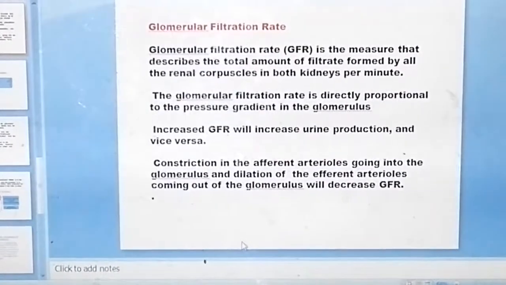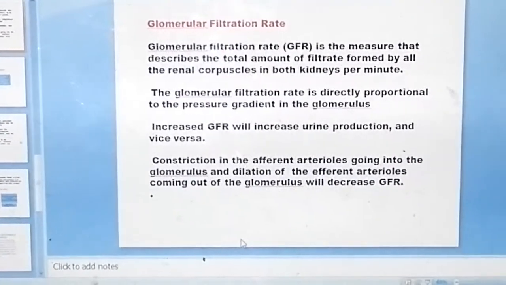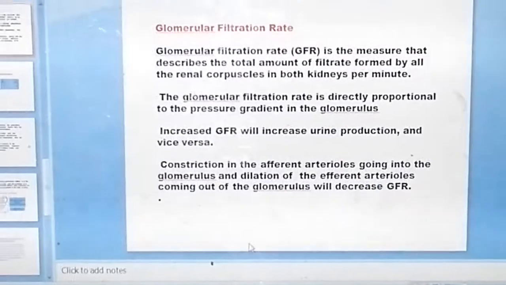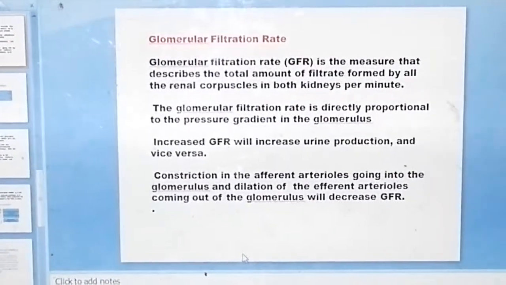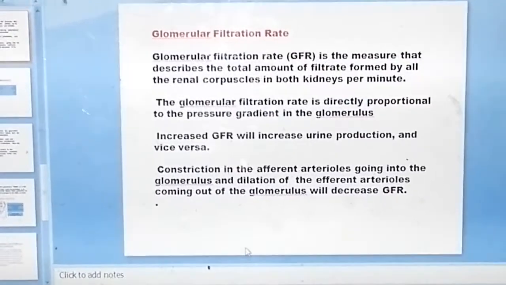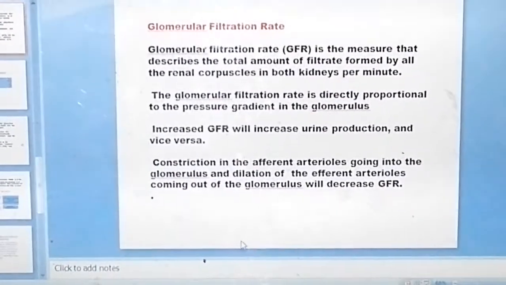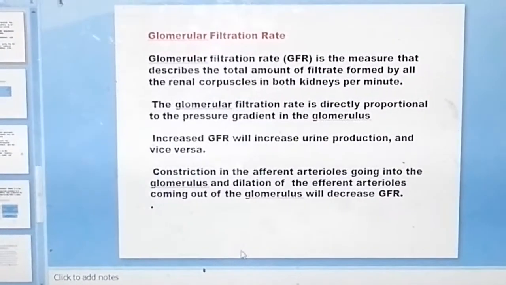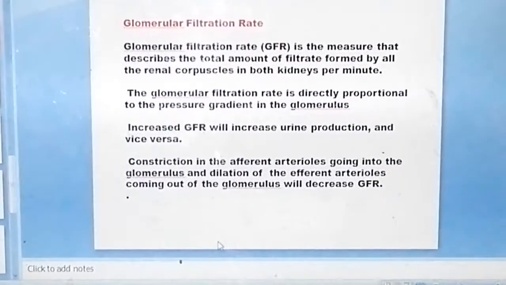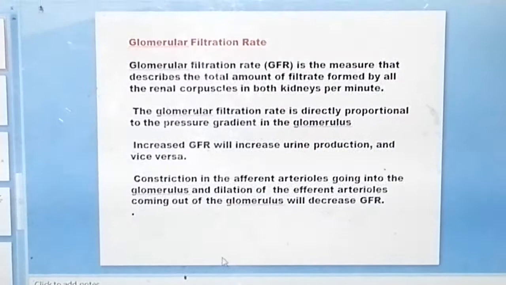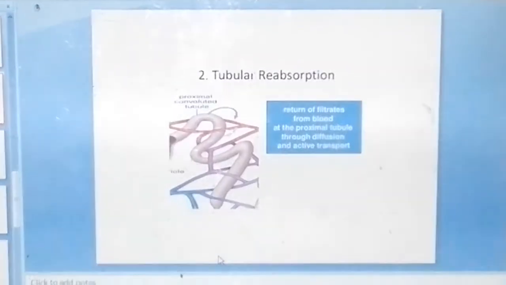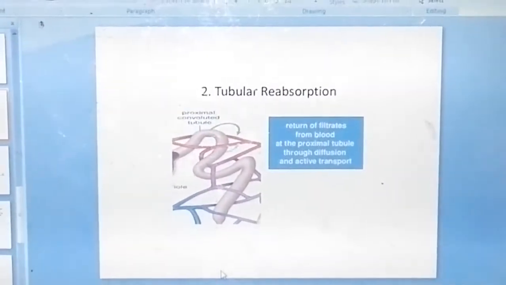It is directly proportional to the pressure gradient in the glomerulus, and it increases with urine production and vice versa. Constriction of the efferent arteriole going out of the glomerulus and dilation of the afferent arteriole will decrease the glomerular filtration rate. Second step is the tubular reabsorption.